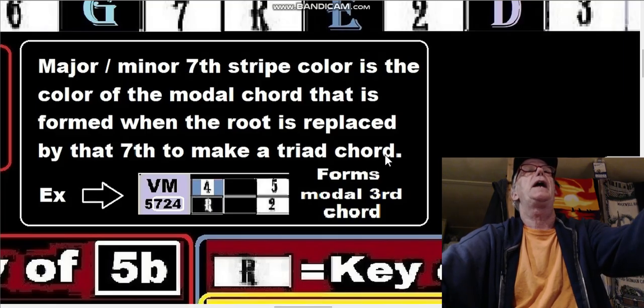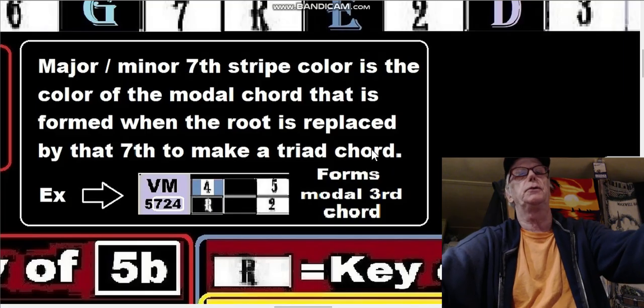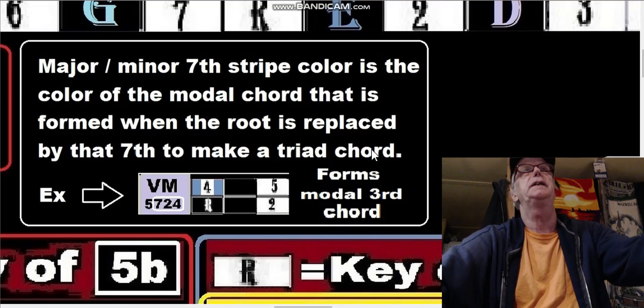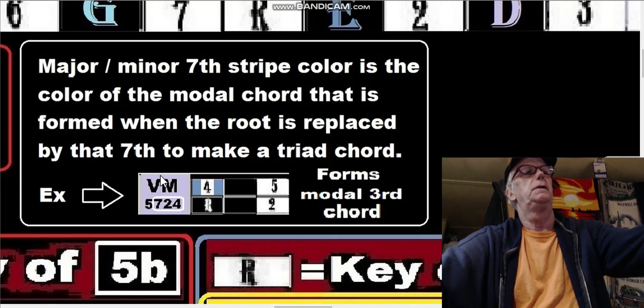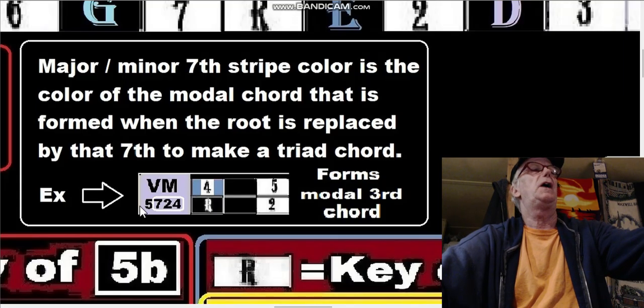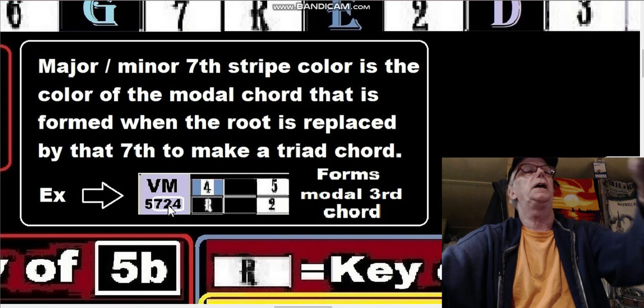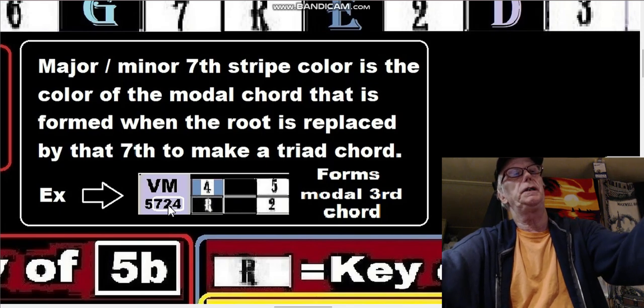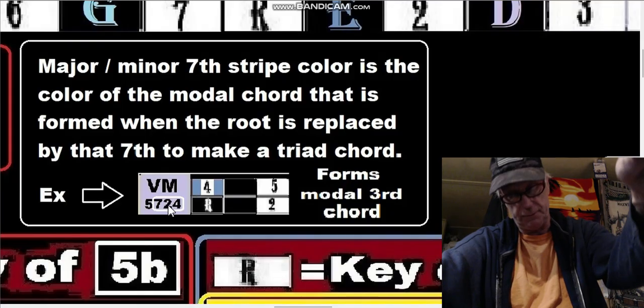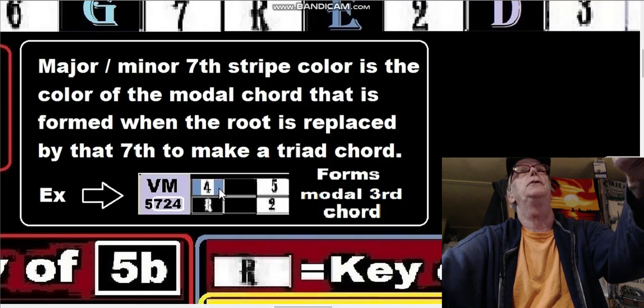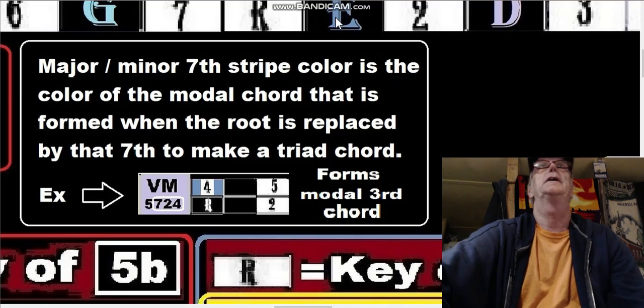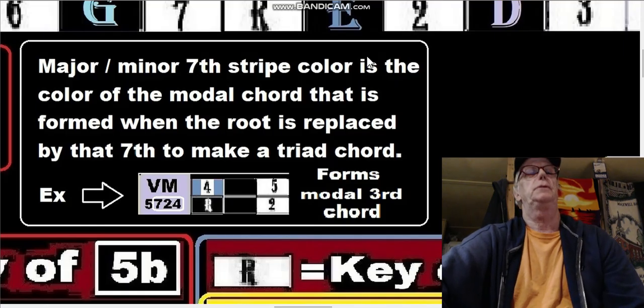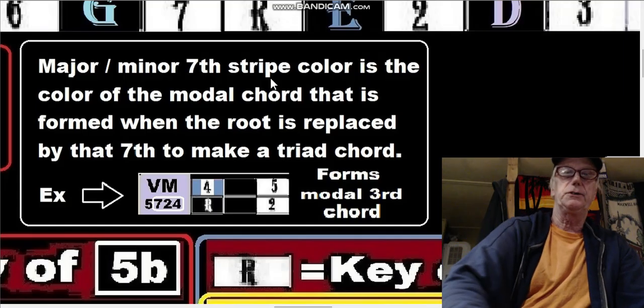The color of that would be green, because green is the color of my 3rd modal, of my 3rd minor in the key of C. So in this case, with the 5th major, if we leave the 5 off and just play the 7, 2, 4, it's a Locrian triad, which is the third modal in the Mixolydian scale. So therefore it's got the Locrian color. That's my Locrian color, my E color. 7, 2, the Locrian scale. That's the name of that tune.